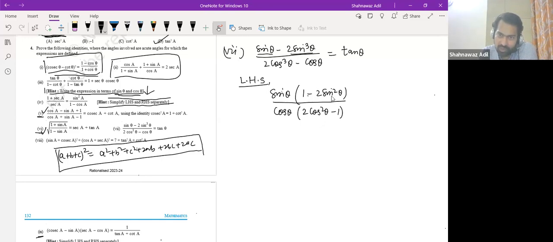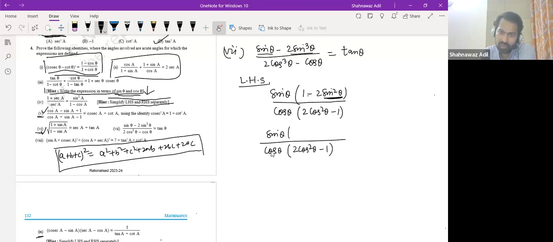So what can we do about this numerator? What can we do about this sine square theta?